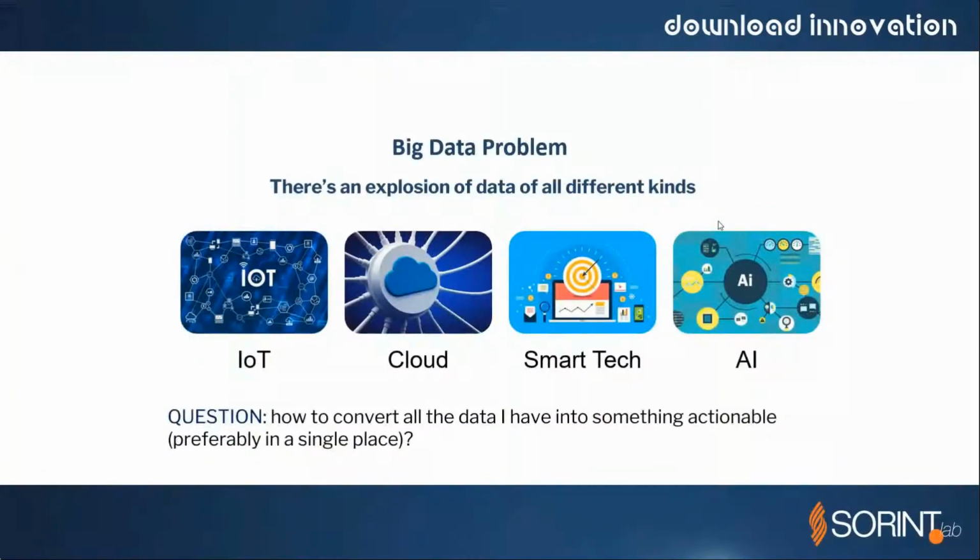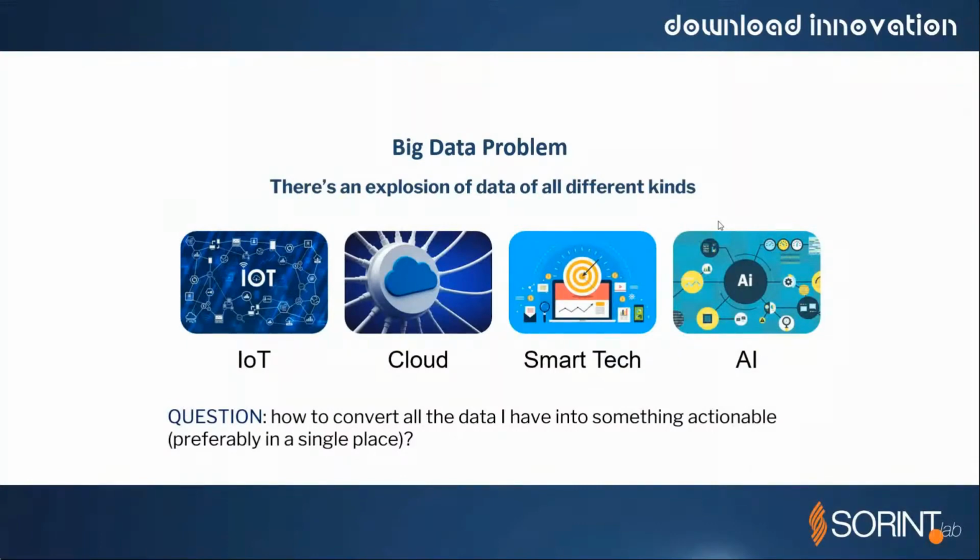One of the main problems companies have to face nowadays is the problem of big data. And parallel to this, a new need arises to extract knowledge that is actionable from a variety of different data sources and categories of information. IoT, cloud data, smart tech, and AI are just the most modern forms this data takes. The need is often twofold: from one side, to make sense of this data, and from the other side, often to relate it to other data.